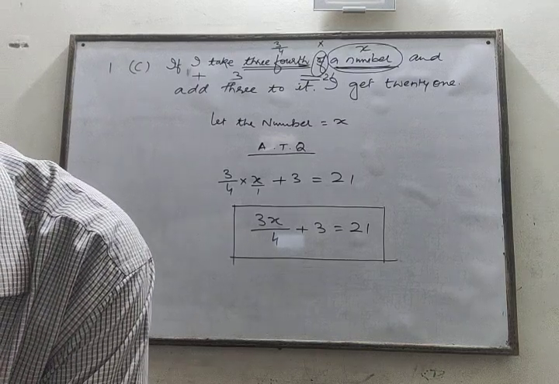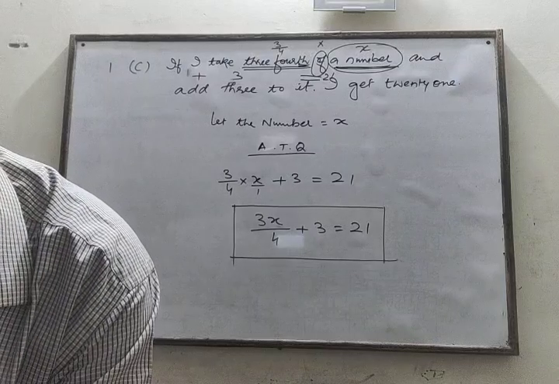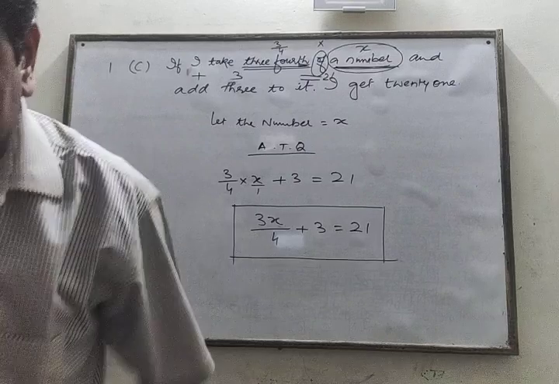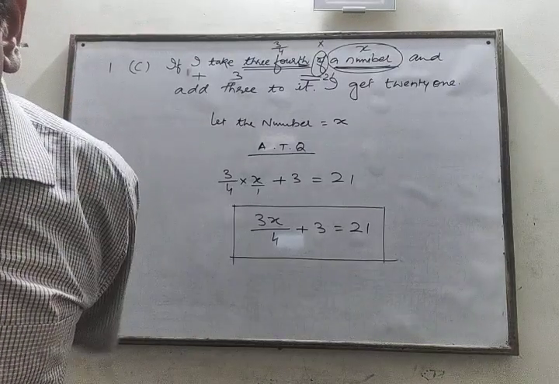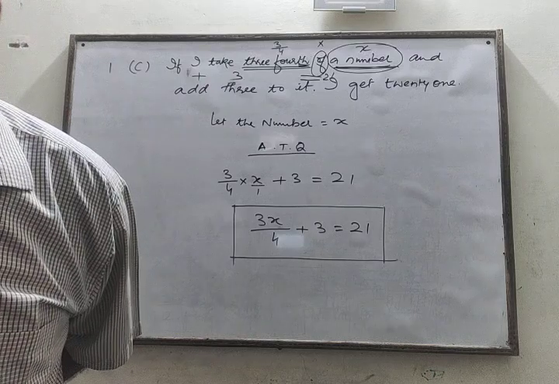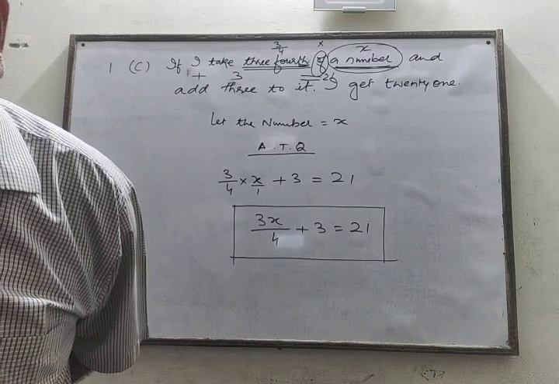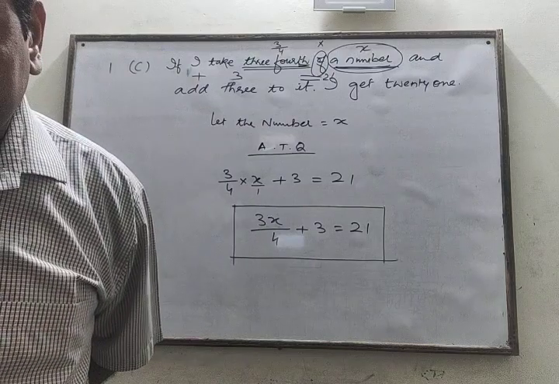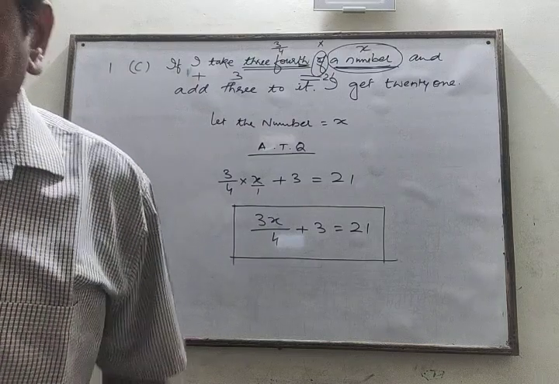Take any other example of the same question, like G part. Anwar thinks of a number. If he takes away 7 from 5/2 of the number, the result is 23.